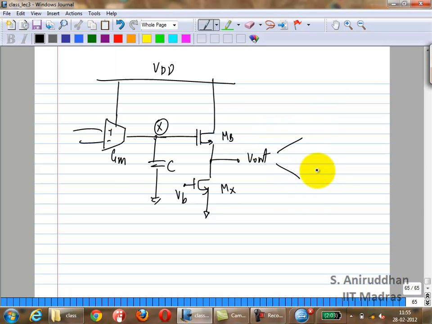So on the lower side, it's pretty straightforward, right? On the lower side is VD sat X. Correct? What about the higher side? VDD minus VD sat B.